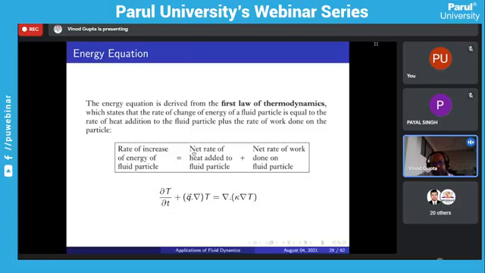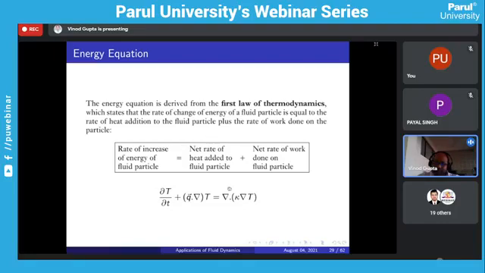The net rate of heat added to the fluid particle is equal to minus divergence of q. And according to Fourier's heat conduction law, q equals minus kappa gradient of T. That is the relation between the temperature and the heat flux of the fluid particle, given by Fourier.